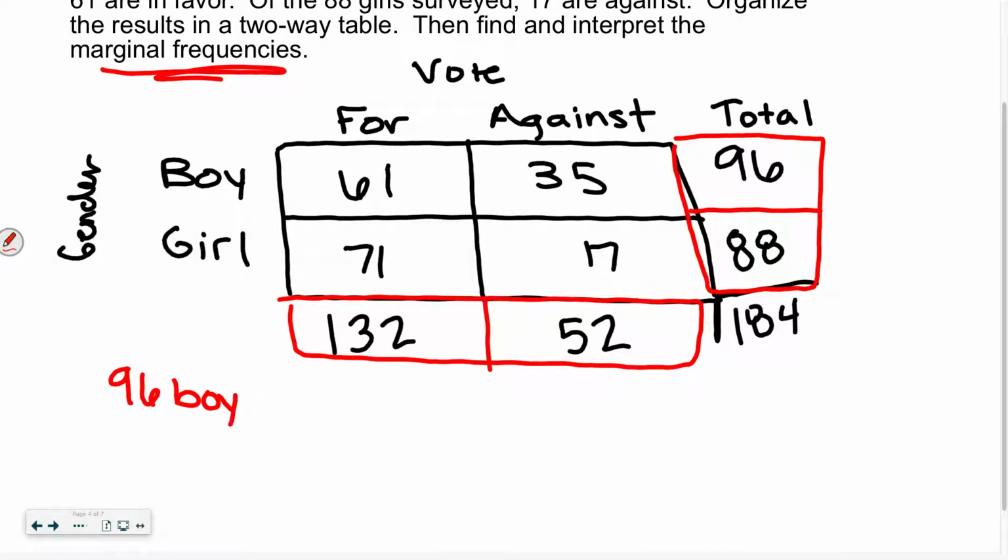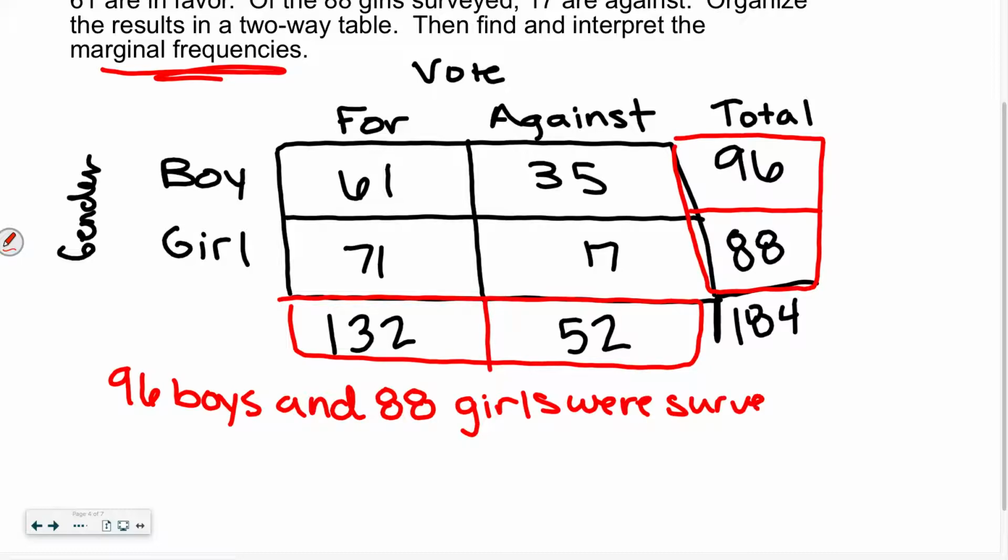96 boys and 88 girls were surveyed. So that's me interpreting the marginal frequencies on the right side of my table. Okay, 96 represents total boys, 88 represents total girls.